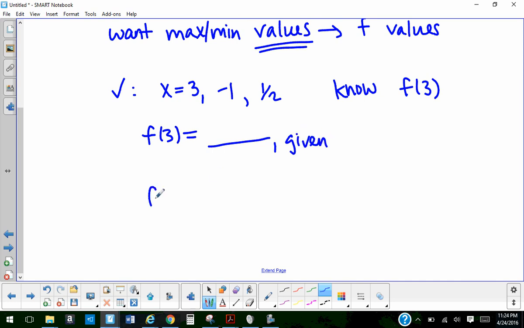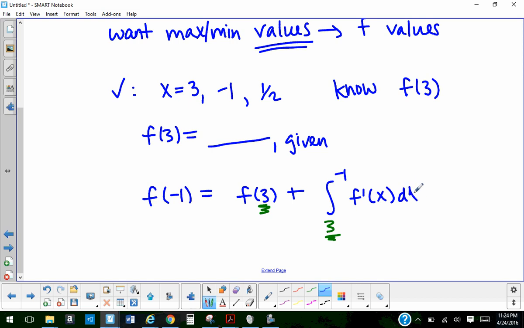But if I need to check f of -1, then that's going to equal my initial amount, which I know about, f of 3, plus the integral from what I know about, the 3, to what I want to know about, the -1 of f prime of x or t or whatever it is.